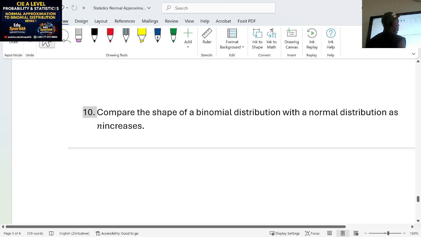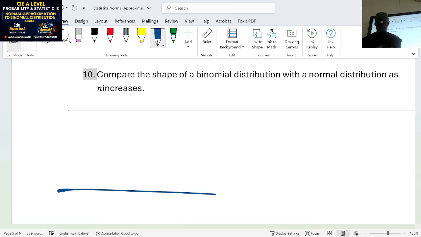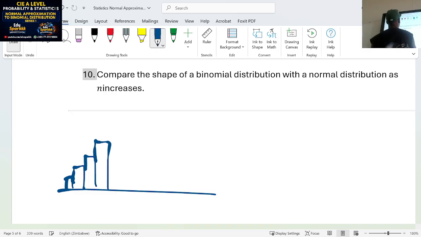Compare the shape of binomial distribution with normal distribution as n increases. So as n increases, we have a picture like this. This is binomial, it's symmetrical, somewhere coming from the Pascal's triangle.